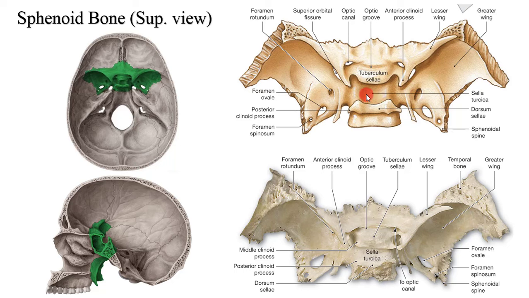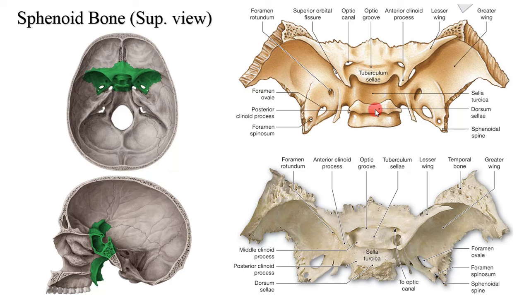On either side of the sella turcica are projections called the anterior clinoid processes and the posterior clinoid processes. The anterior border of sella turcica is formed by the tuberculum sellae, and the posterior border is formed by the dorsum sellae.